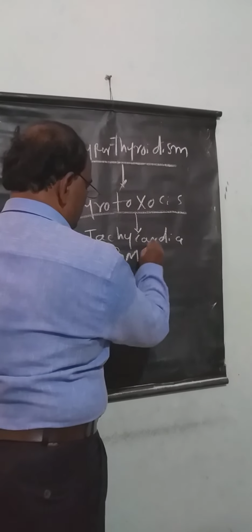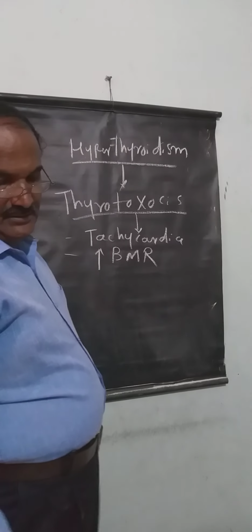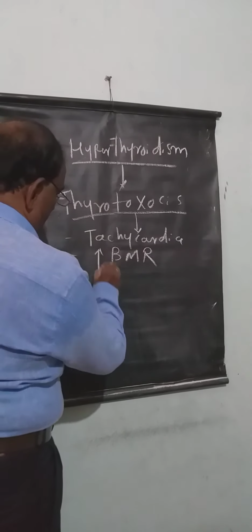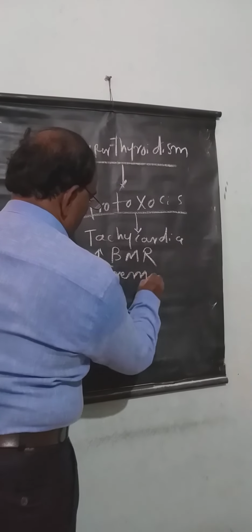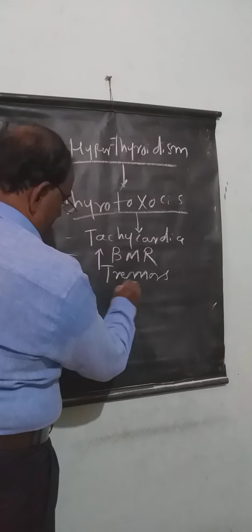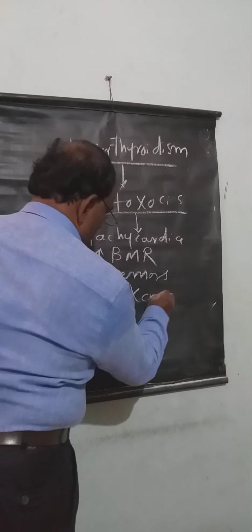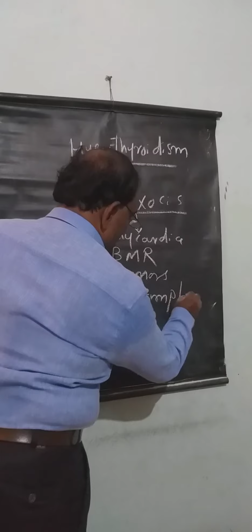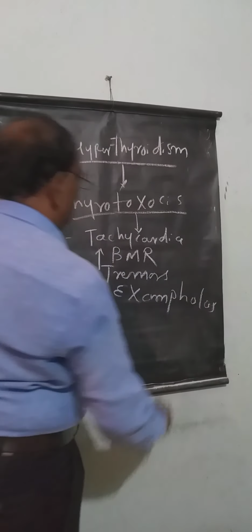Increased BMR means increased basal metabolic rate. Exophthalmos means the eyes are protruded.